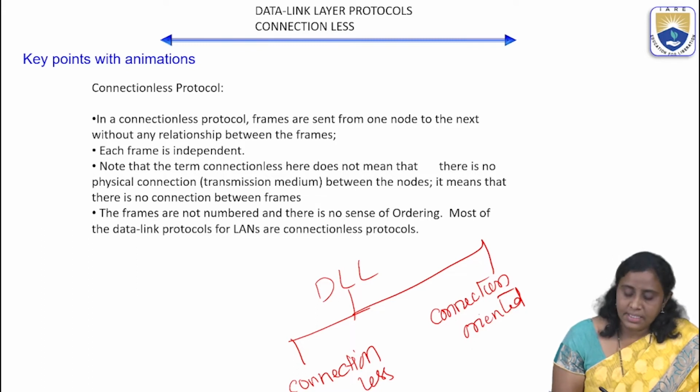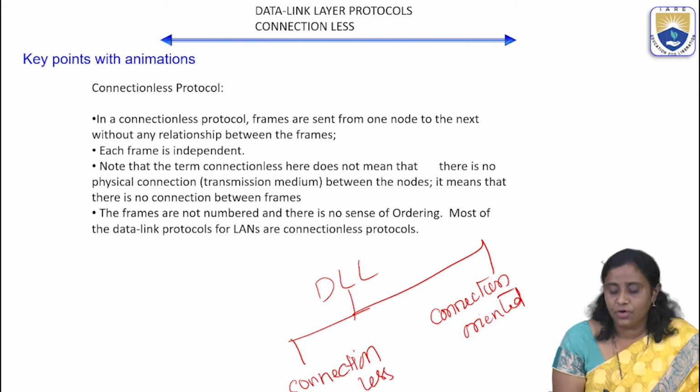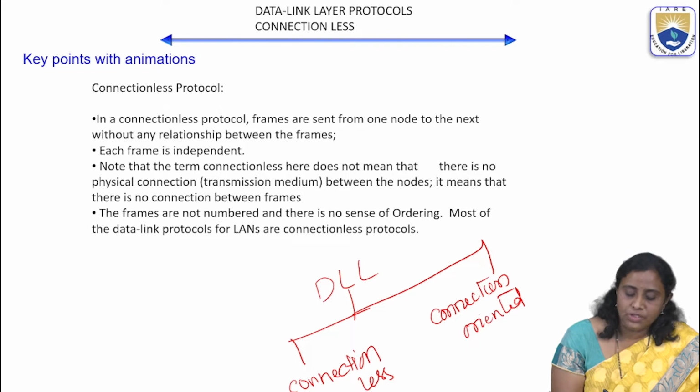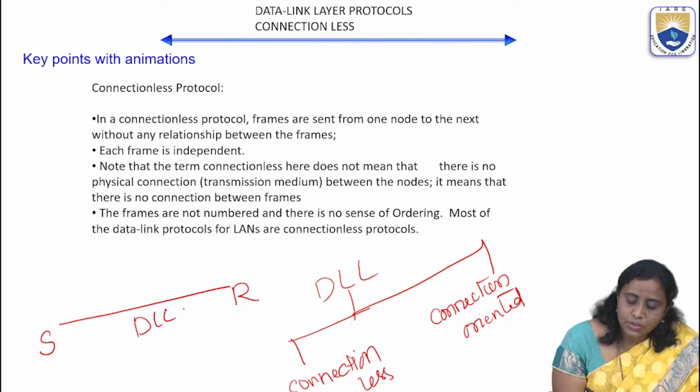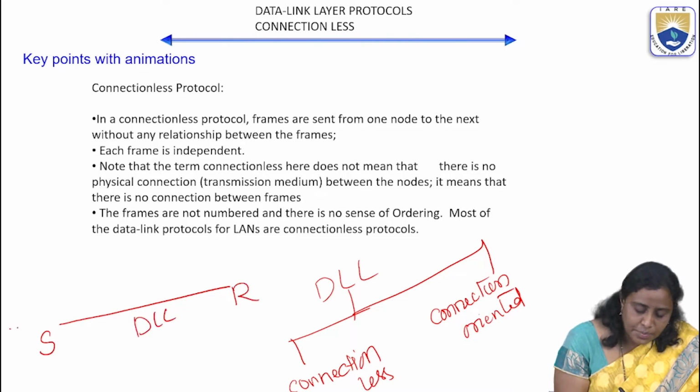In this connectionless protocol, the frames are sent without any relationship between them, as in the transmission of packets from one sender to the receiver under the data link layer.